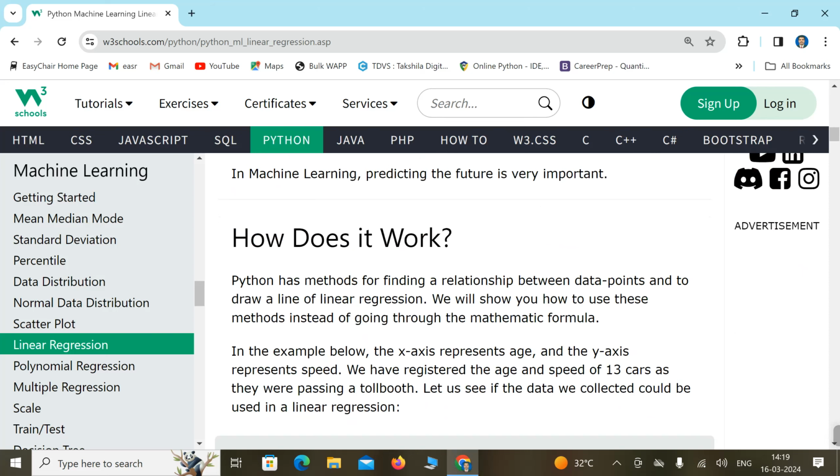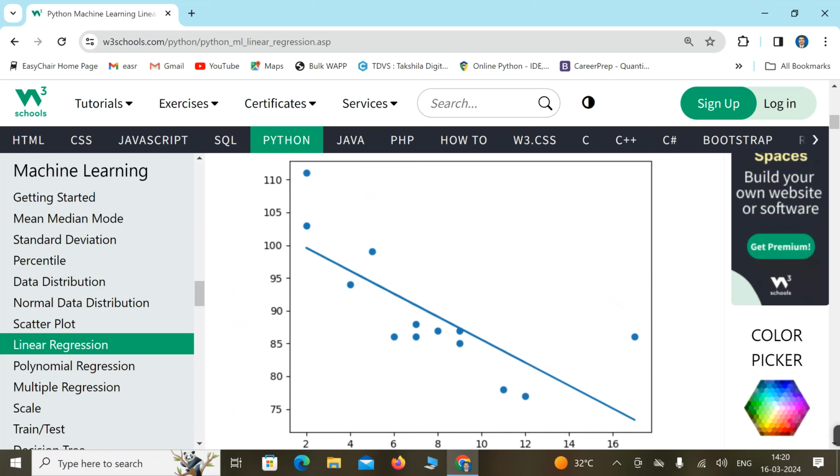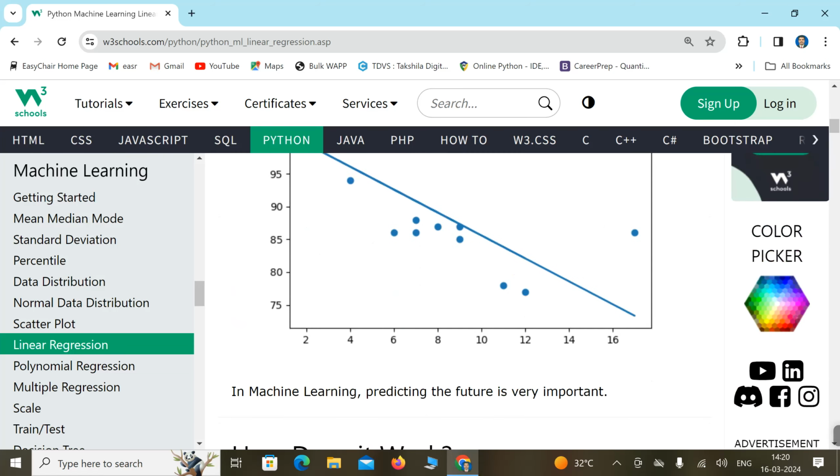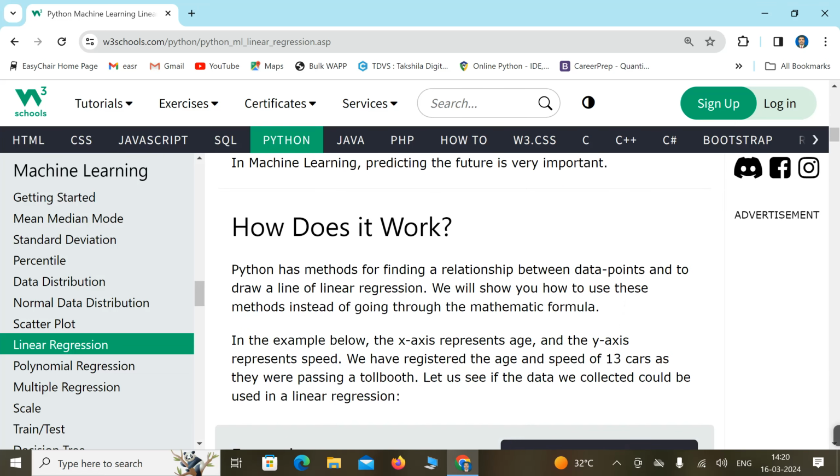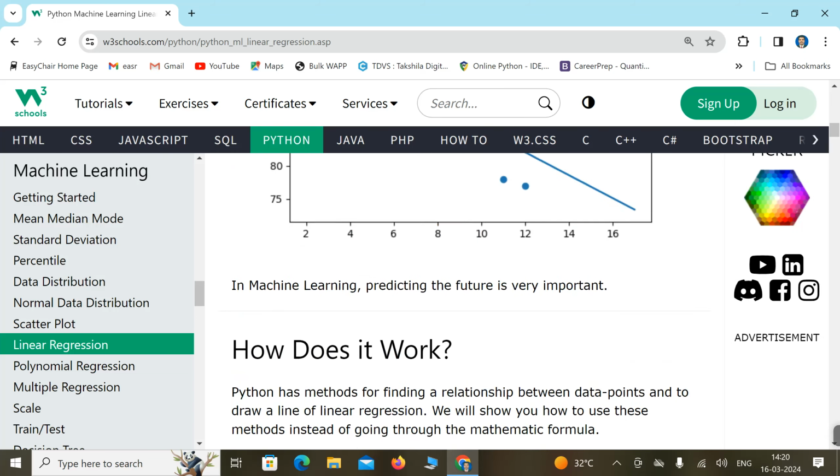Let me give an example. In the above example, whatever we see over here, the y-axis represents the speed and the x-axis represents the age.